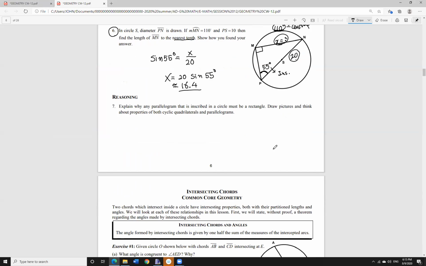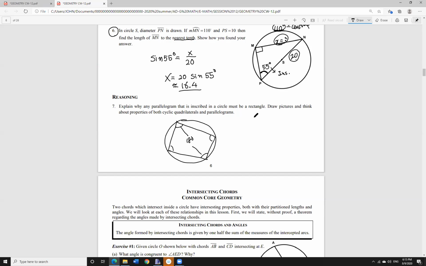Explain why any parallelogram that is inscribed in a circle must be a rectangle. For any quadrilateral inscribed in a circle, the sum of opposite angles is always 180. We know that, right?